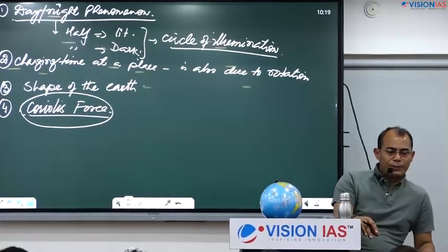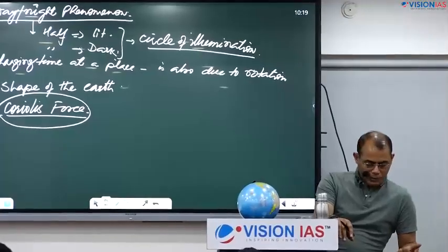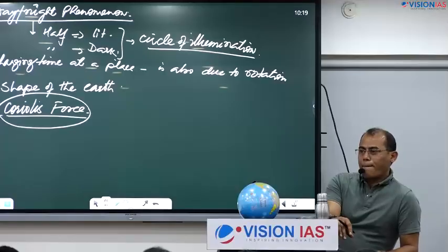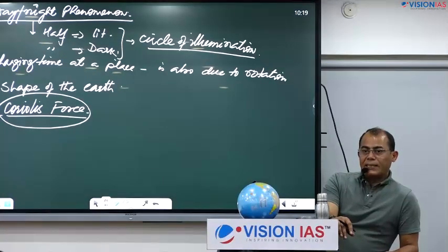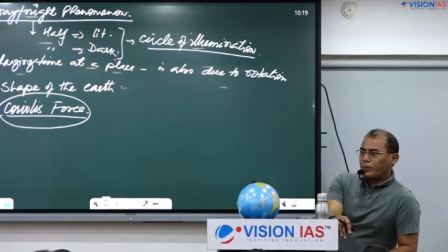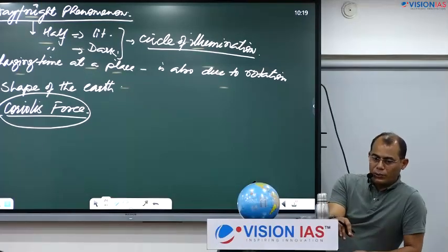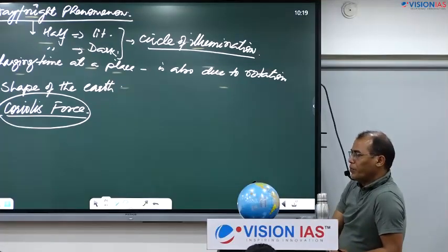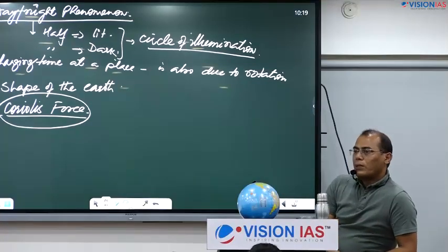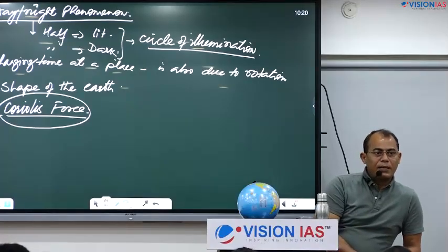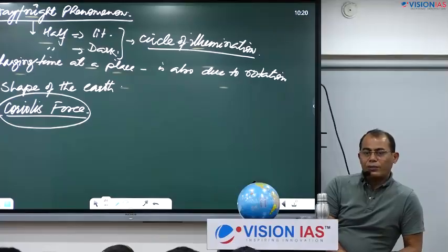The value of Coriolis force is affected by latitude and the speed of the moving fluid.